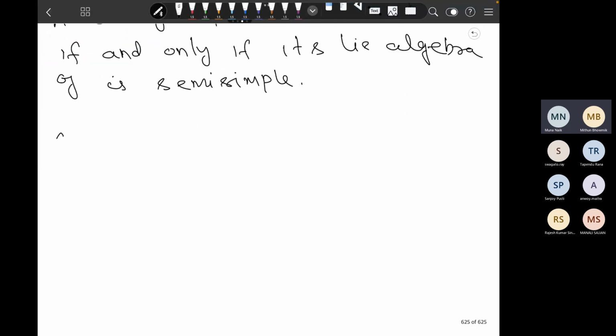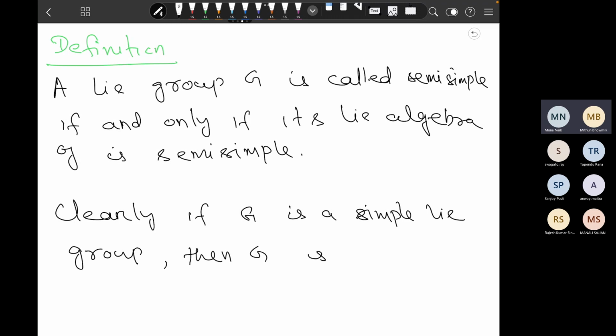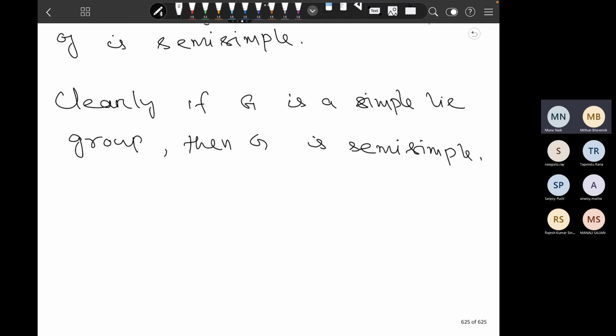So clearly, if G is a simple Lie group, then this G is semi-simple. Similarly for Lie algebra, if a Lie algebra is simple, then it is also semi-simple. Okay, so that is the thing. Now, there are some properties of the Killing form.